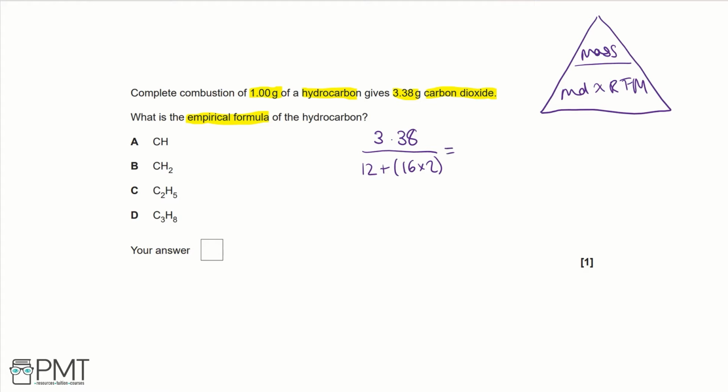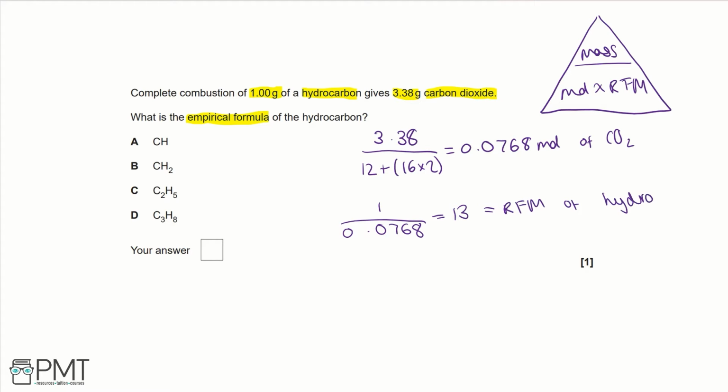And that equals 0.0768 moles of CO2. And then we can work out the relative formula mass of the hydrocarbon by using these moles. So we can do 1 divided by 0.0768, and that equals 13, which is the relative formula mass of the hydrocarbon.